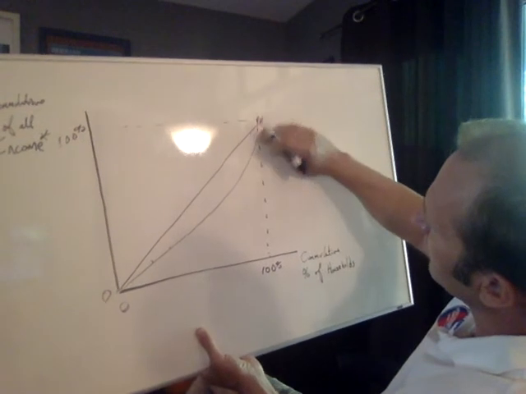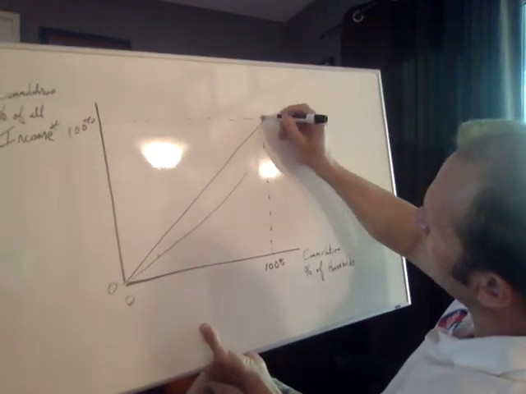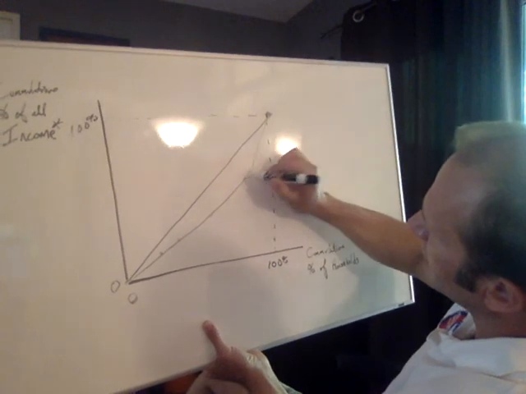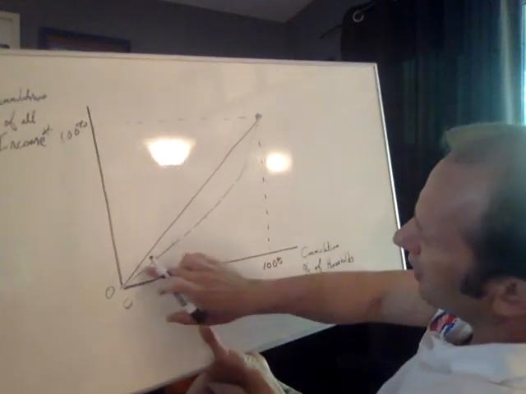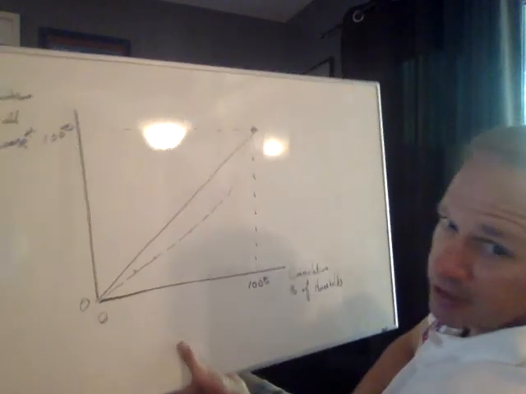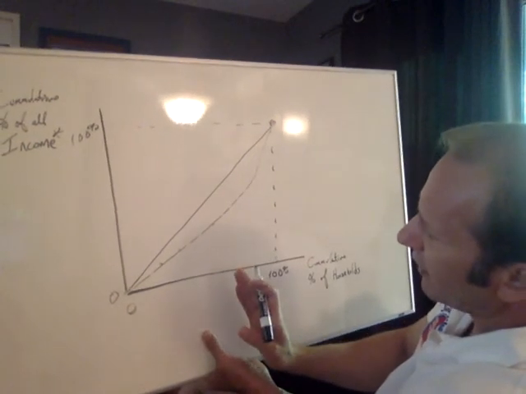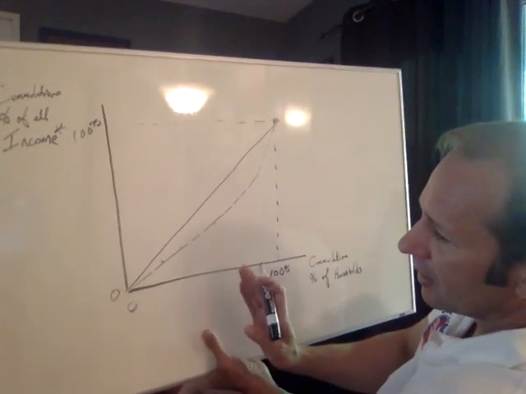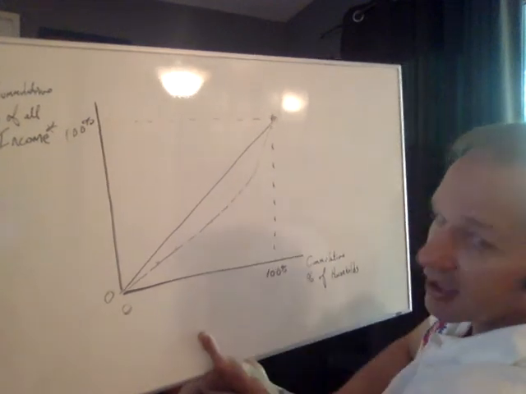Oops, missed the mark a little bit. We have this kind of a shape where the actual outcomes, let me make this a dotted line, are not perfectly evenly distributed through the population. In other words, half of the households in America are earning less than half of the income being earned.